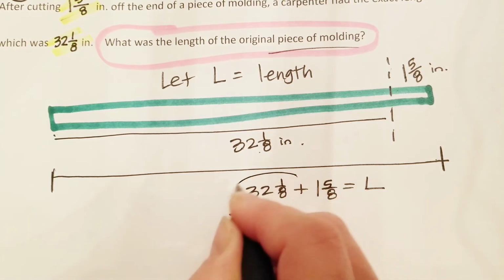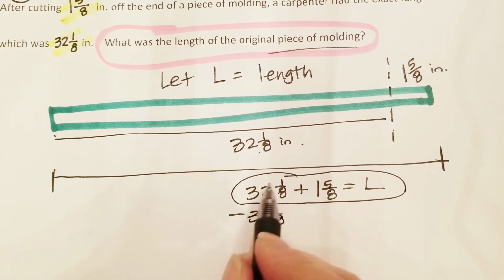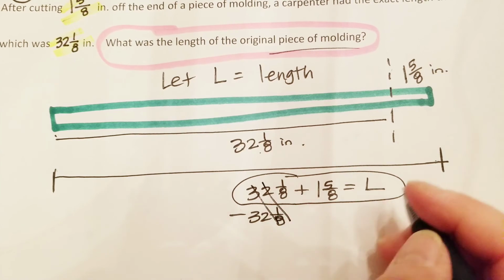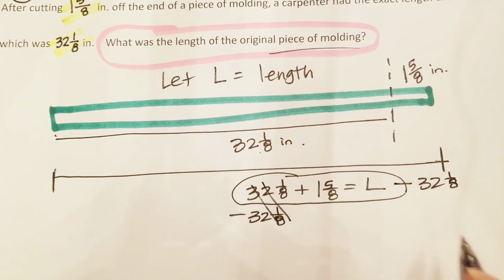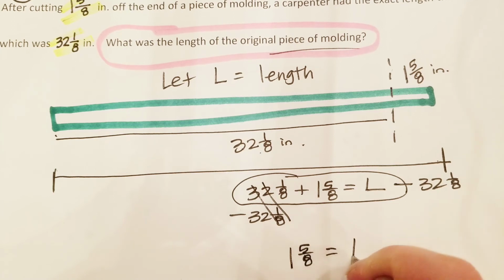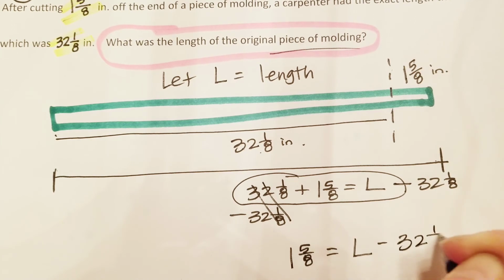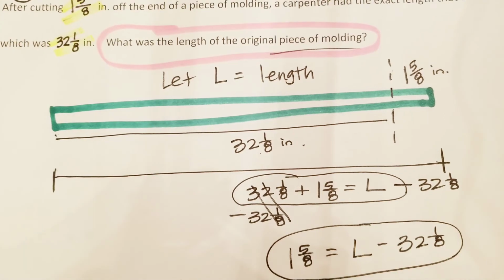So let's just circle that because that's a legit equation. Or subtract 32 1/8 from this side, minus 32 1/8 on this side. And that would give us a fair equation as well. So 1 5/8 equals the length minus 32 1/8. Okay, so that is an equation as well. So these two equations equal each other. You can pick either one.